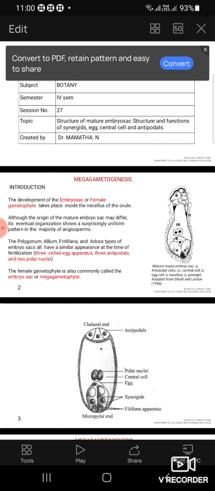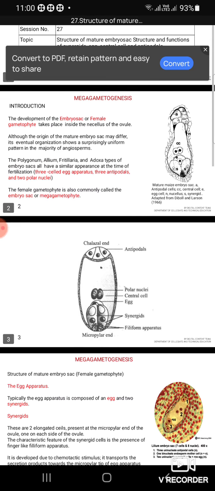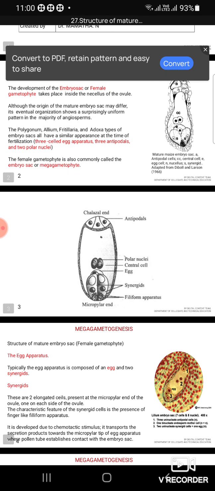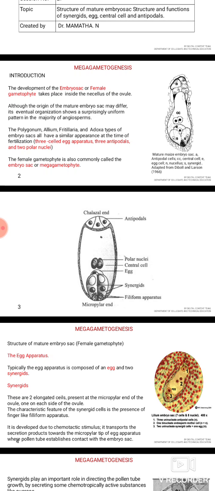The Polygonum type, Allium, Fritillaria, and Adoxa type of embryo sac all have a similar appearance at the time of fertilization, that is, 3-celled egg apparatus, 3 antipodals, and 2 polar nuclei.